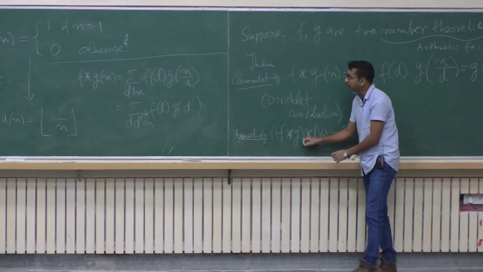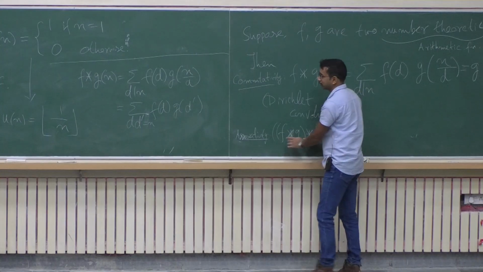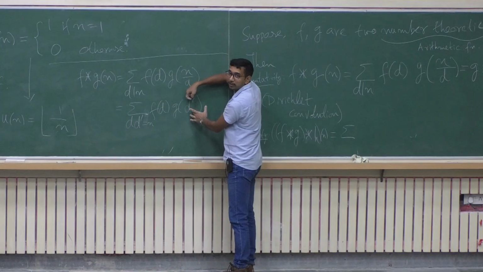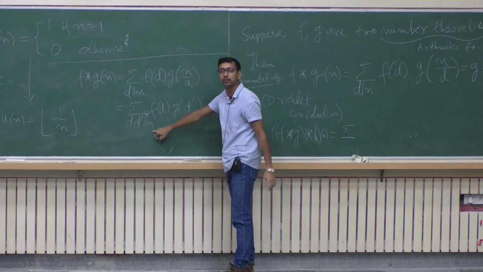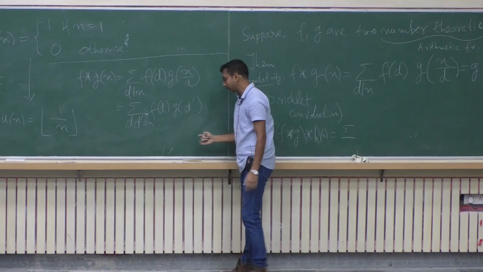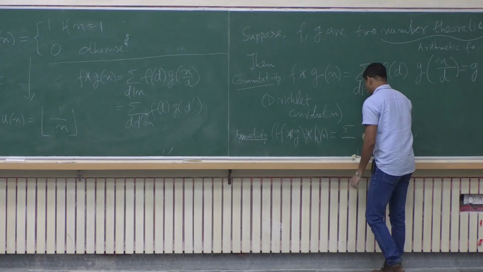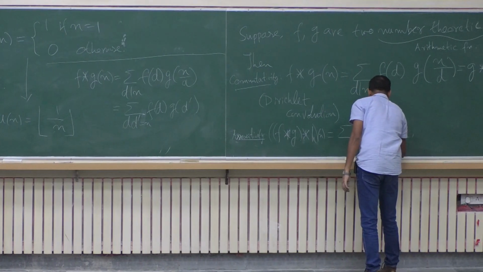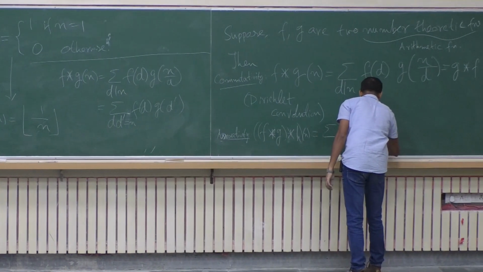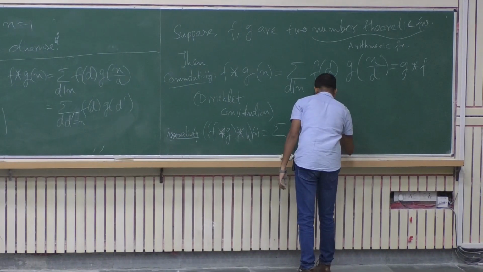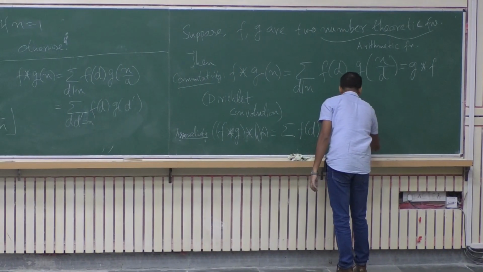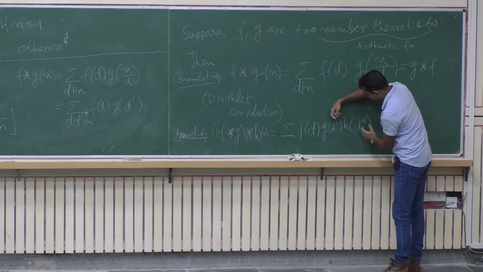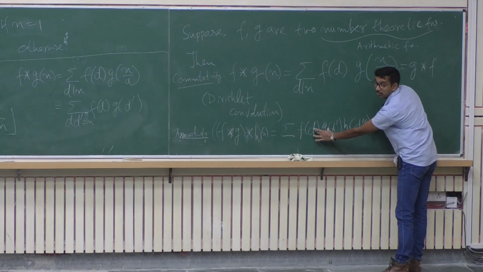Now you write this f star g of d1 as a product of some factor of d1 times some other factor of d1 whose product is giving you d1, and the product of them all is giving you n. So this would be just the sum over f of d, g of d dash and h of d double dash. So at first you club it like a product of d dash and d double dash and then break it.